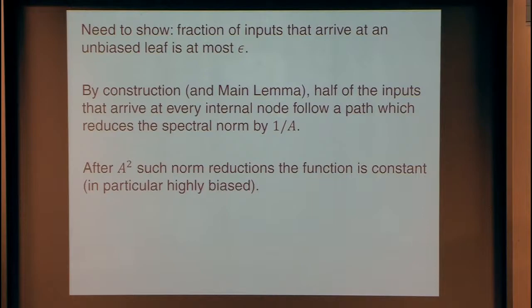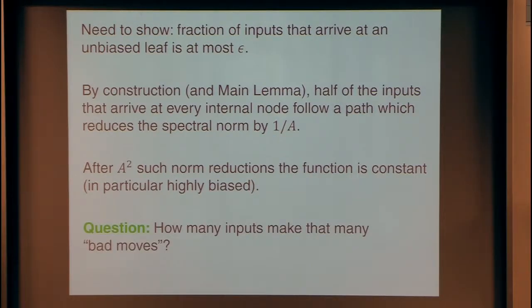So the question is, how many inputs make that many bad moves? You really have to make a lot of bad decisions in your life to get to a non-biased leaf after so many queries.